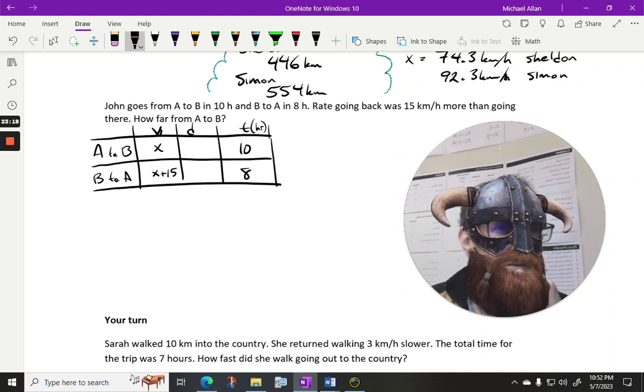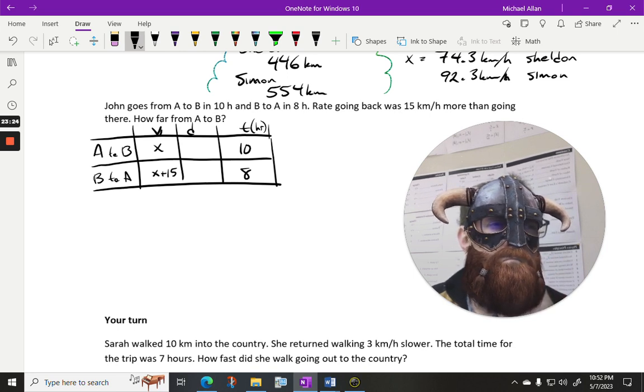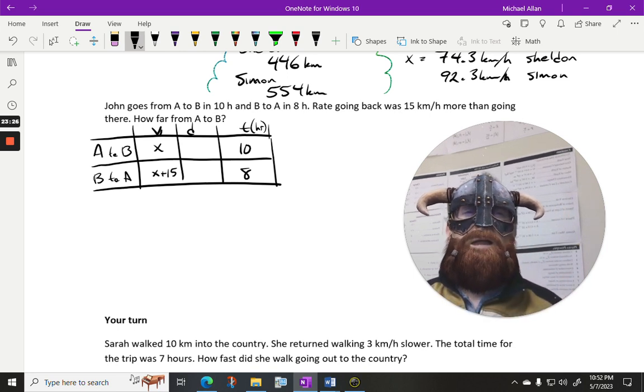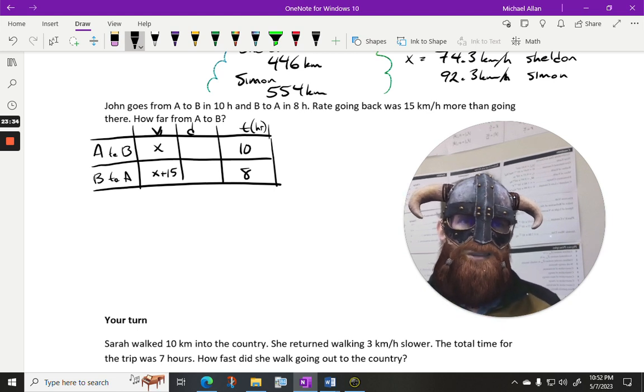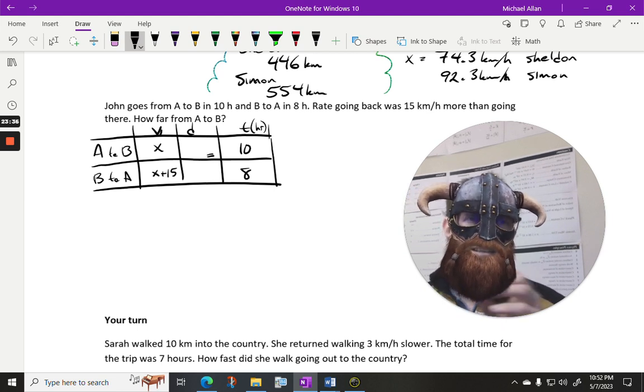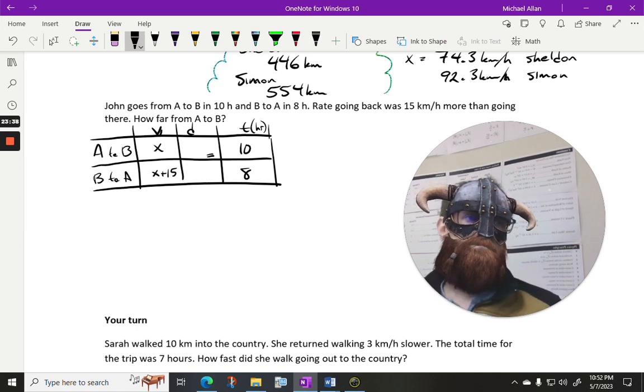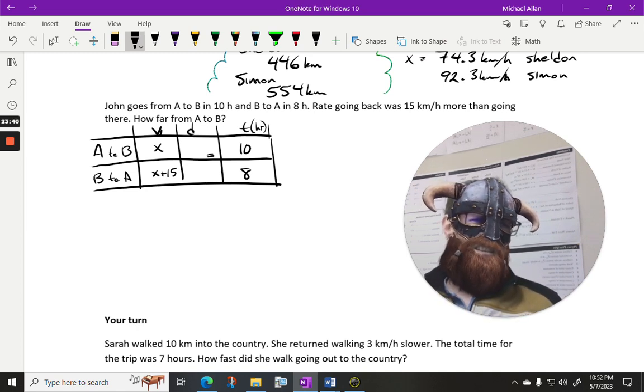So what else do we know here? A to B and B to A. So wouldn't that mean that they're the same distance? So these two things, I'm not just going to add them. I'm just going to say that they're equal to each other. I think that's all it is, isn't it?